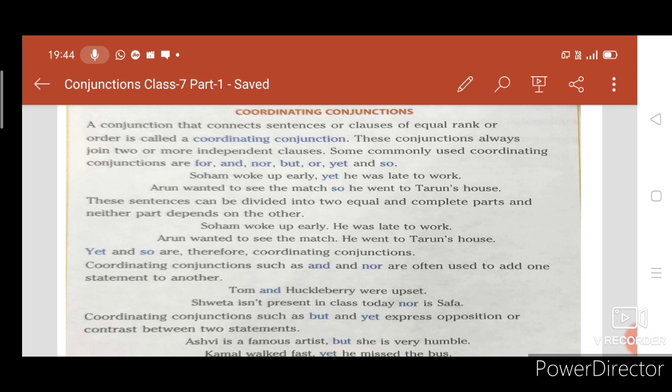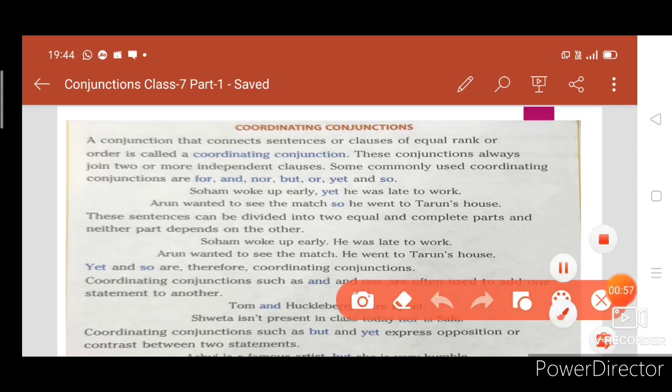They will not be dependent on each other. When we have to join these independent sentences or independent clauses, we use coordinating conjunctions. These conjunctions always join two or more independent clauses, as I have already told you.